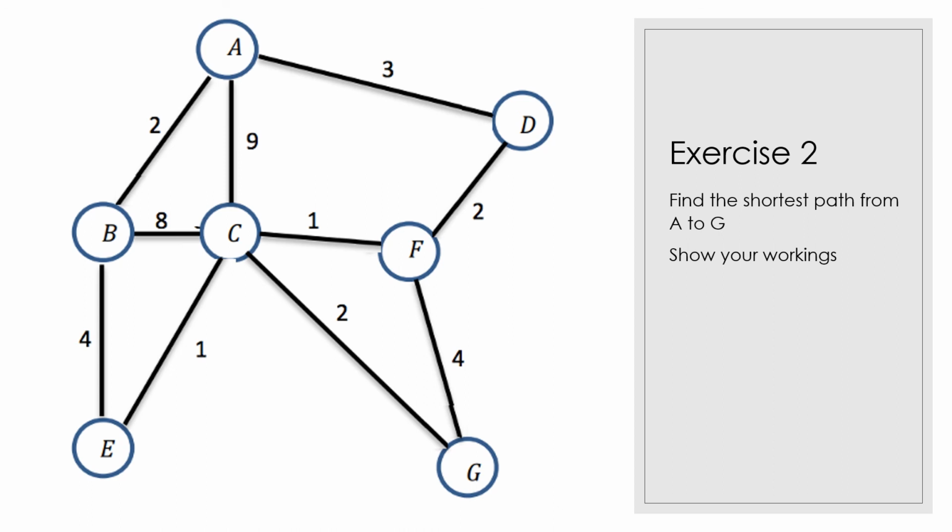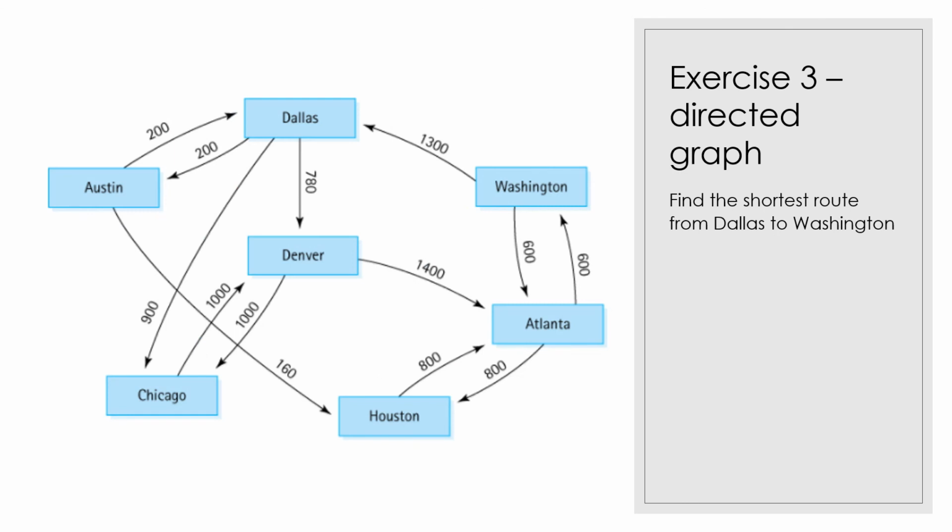And because this is quite a complicated map with several nodes, you could set yourself another challenge and try and do it yourself if you want more practice. And then this is the final task, and this is a bit unusual. It's a directed graph. It shows airplane flights between selected airports in the USA.